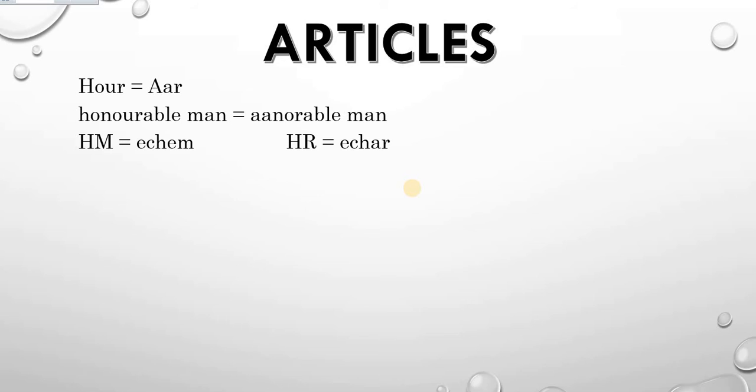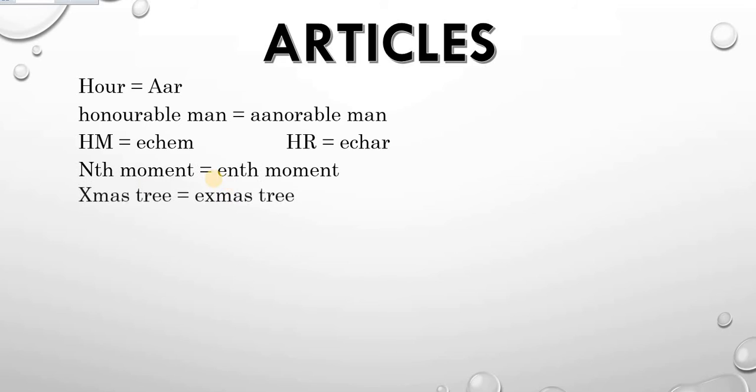HM and HR, you can see the spellings. Nth moment. Though we have used the letter N here, it is pronounced "en," so it starts with a vowel sound. Same way, Xmas tree. But in the case of European, though it starts with a vowel letter, the pronunciation does not start with a vowel sound.